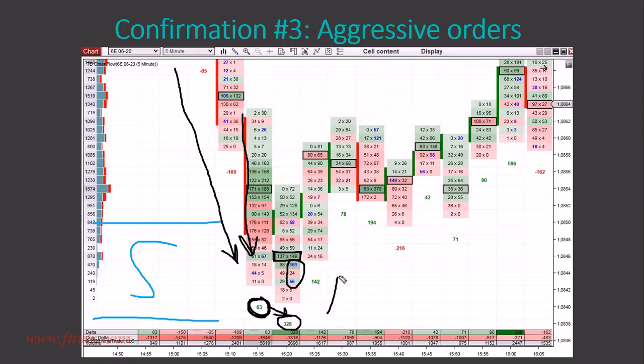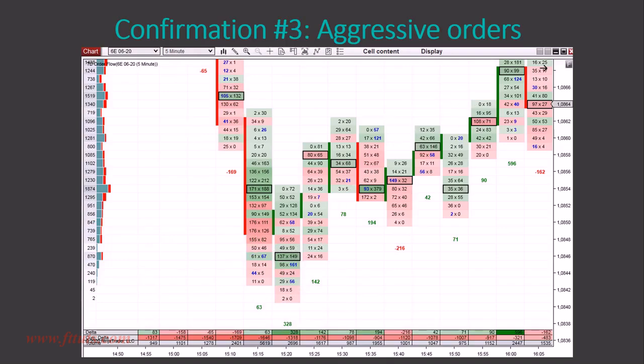This is the absorption, the confirmation setup number 2. Sellers get absorbed in here. Aggressive buyers start to jump in. As soon as you see that, you go long. This was a pretty nice and clear signal. You only need to know what to look for.